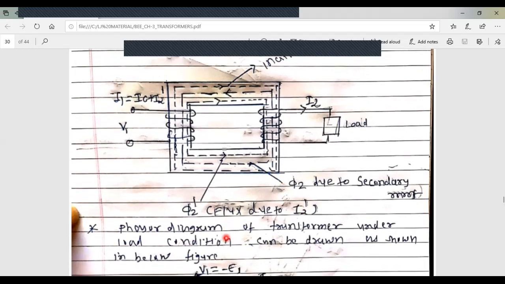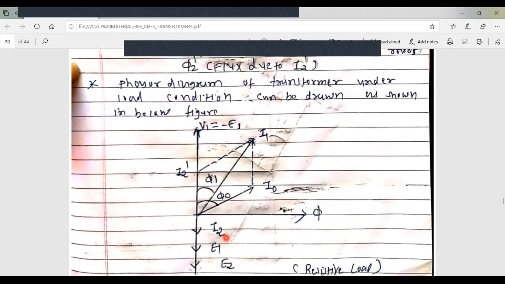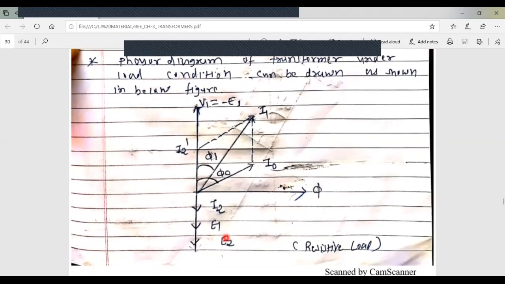Okay, now the phasor diagram. This is the first phasor diagram, for resistive load. See here, we know that V1 equals minus E1, and E1, E2 according to the transformer conditions. But see here, I0 is the primary current.